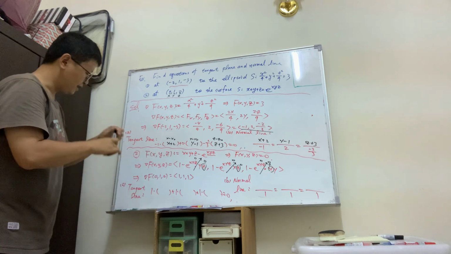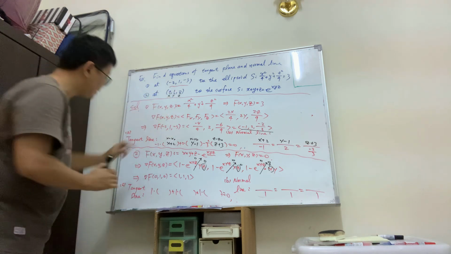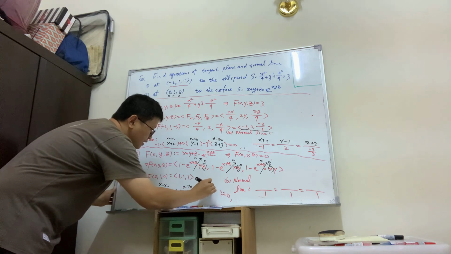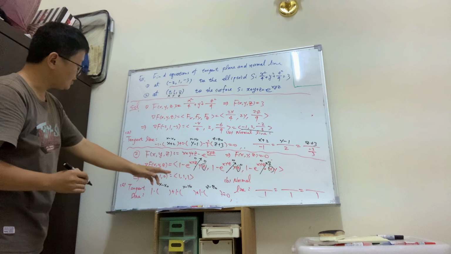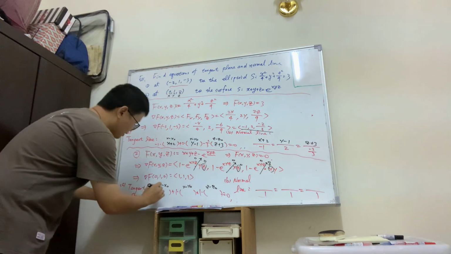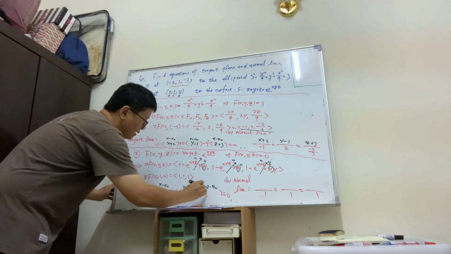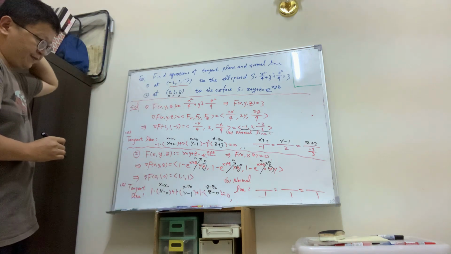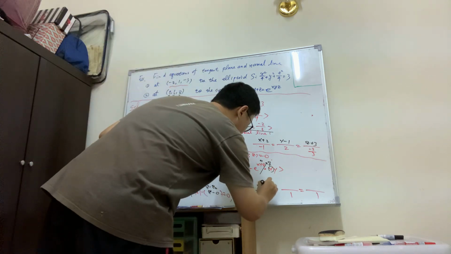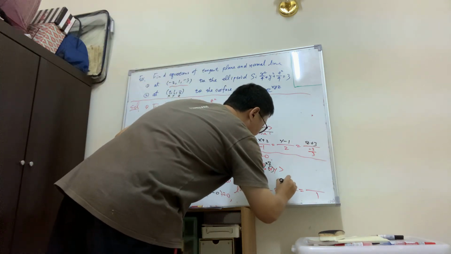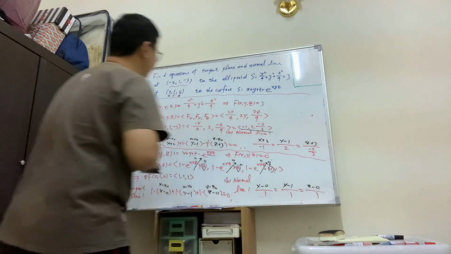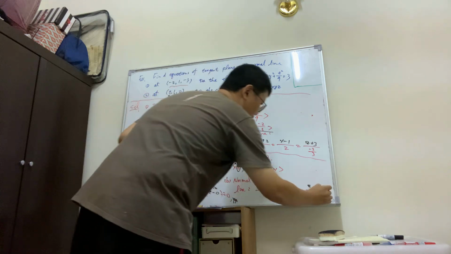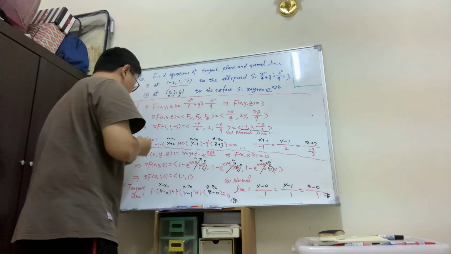Here we put the point 0, 1, 0. I mean x subtract x0, y subtract y0, z subtract z0, and x0, y0, z0 is 0, 1, 0. So it's x subtract 0, y subtract 1, z subtract 0. And then here is x subtract 0, y subtract 1, z subtract 0. And we are done.